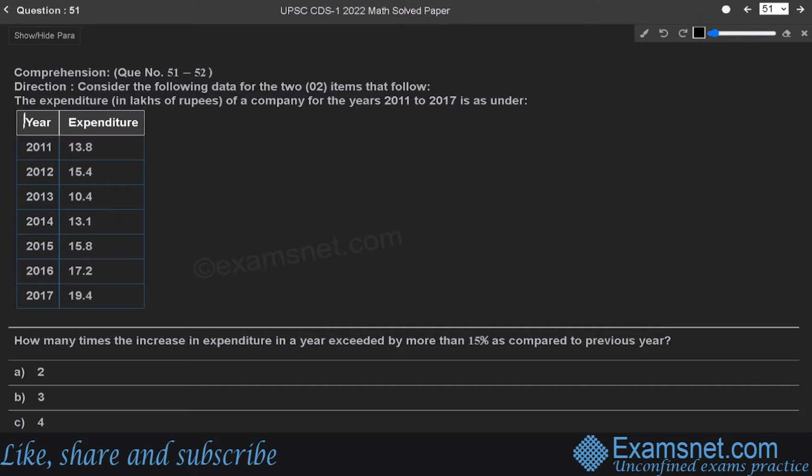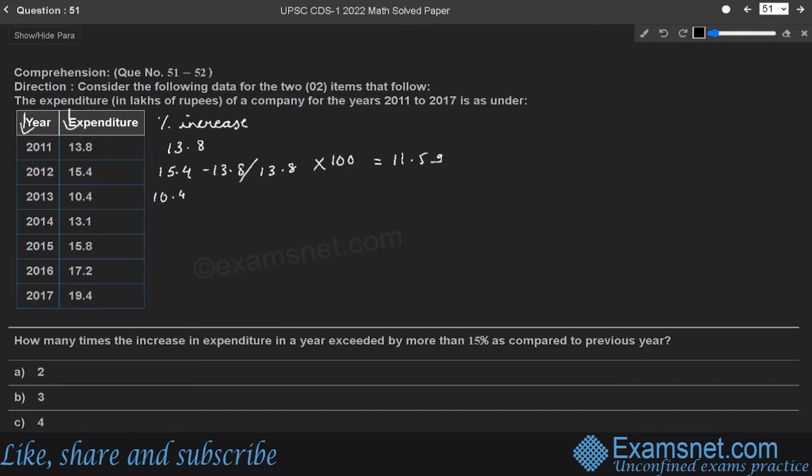This is the year and this is the expenditure. So percent increase as compared to previous year will be, see, the first number is 13.8, then second will be 15.4 minus 13.8 upon 13.8 into 100. It gives 11.59.